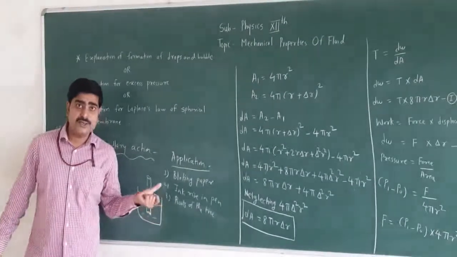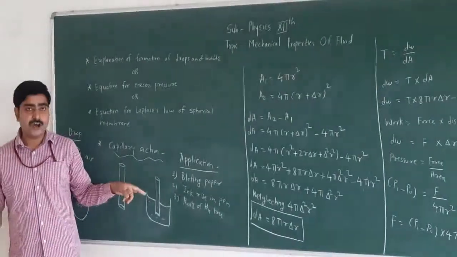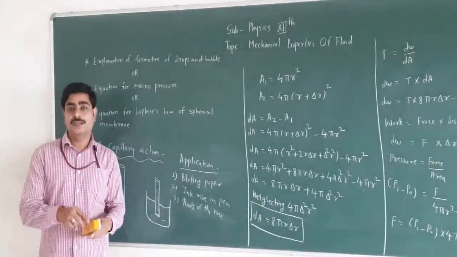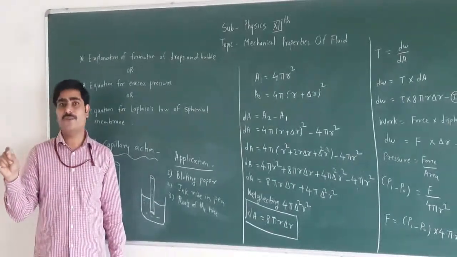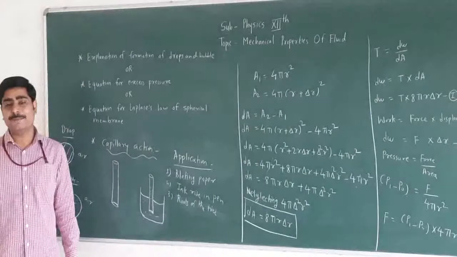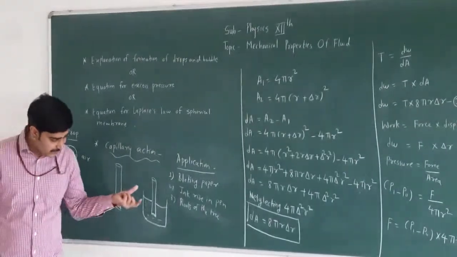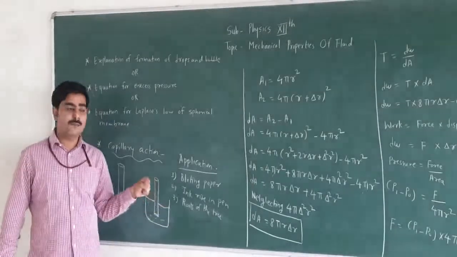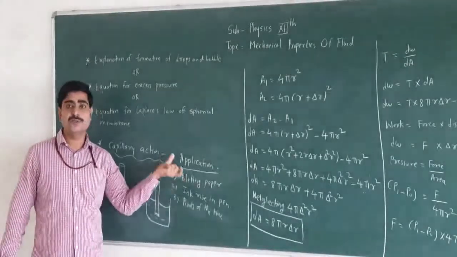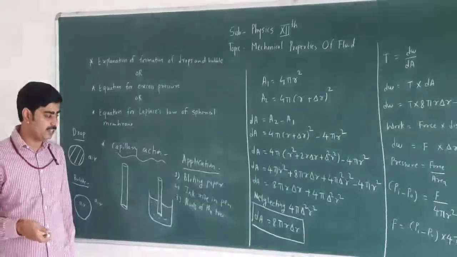If you observe the roots of a tree, they have a very small diameter. The roots of the trees absorb water from the ground. That is also an example of capillary action.